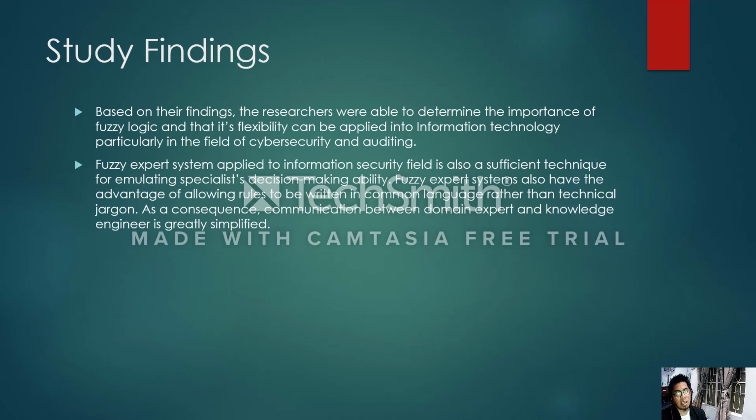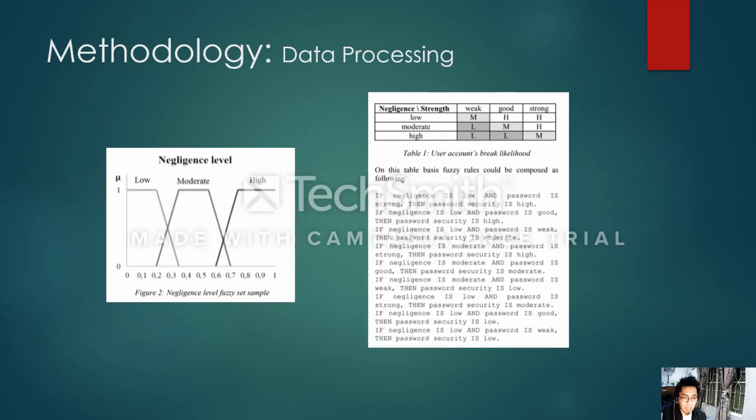So with this study, they were able to prove that a fuzzy expert system can have a major impact on how security audits are done. Also, it allows the rules to be written in easily understandable representations, such as on the previous slide, let's say if negligence is low and the password is strong, then the password security is high.